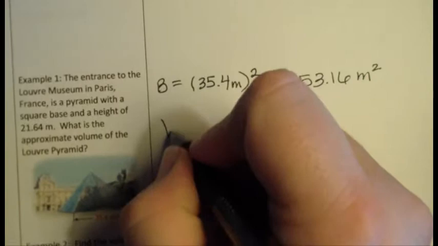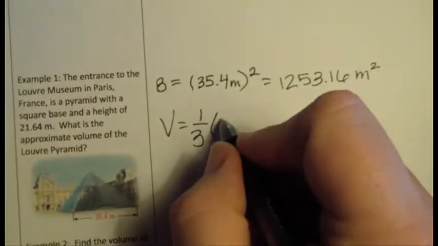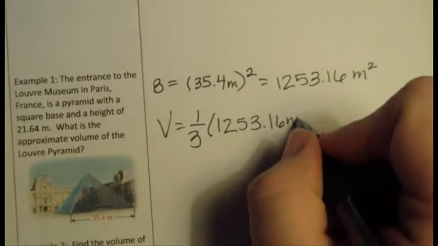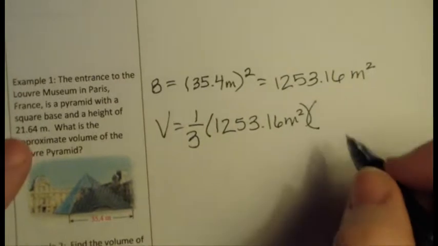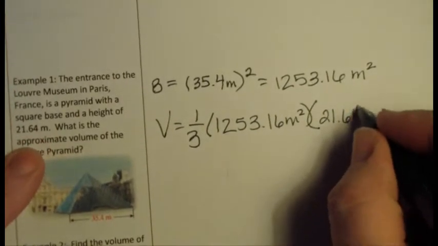So to find our volume, the formula is 1/3 base area, 1253.16, times the height, which we were told was 21.64 meters.